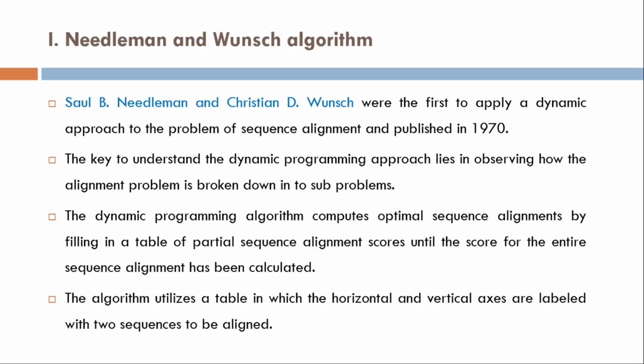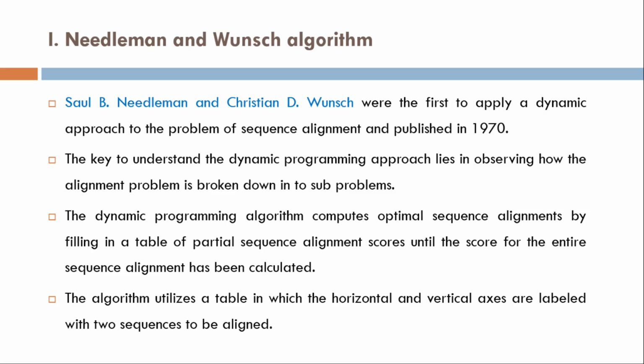So there are two types of problems I have already discussed. One was pairwise alignment and the other multiple sequence alignment. So what we are reading now, we are focusing only on pairwise alignment.